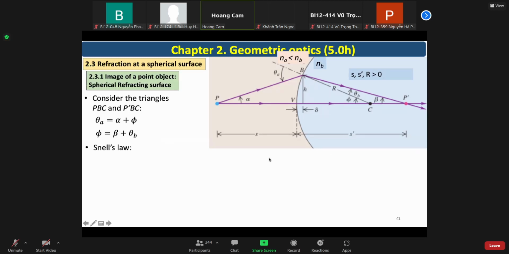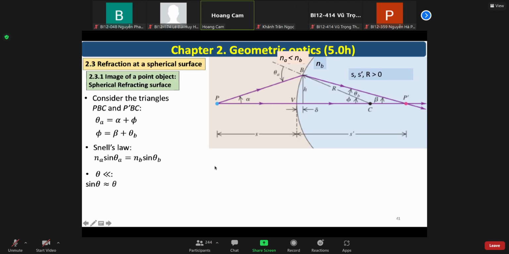Now we follow Snell's law, the relationship between the refractive indexes and the angles of incidence and refraction of the two materials: nA times sine theta A equals nB times sine theta B. Normally we consider small angles alpha and theta.